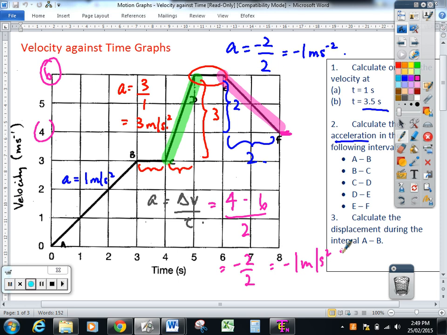So that's the first thing you can use the velocity versus time graph for. It has to be a velocity versus time graph, then the gradient represents acceleration. The second thing that you can use a velocity versus time graph to do is to determine your displacement.